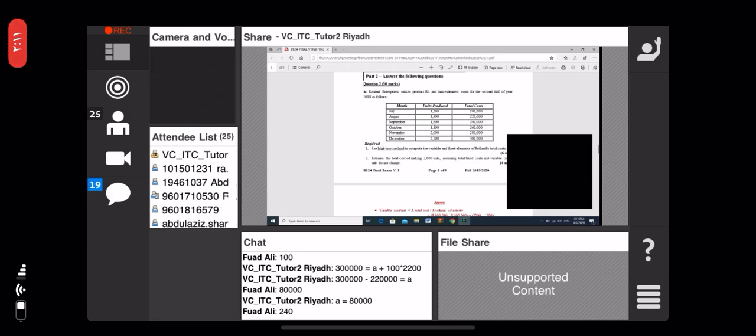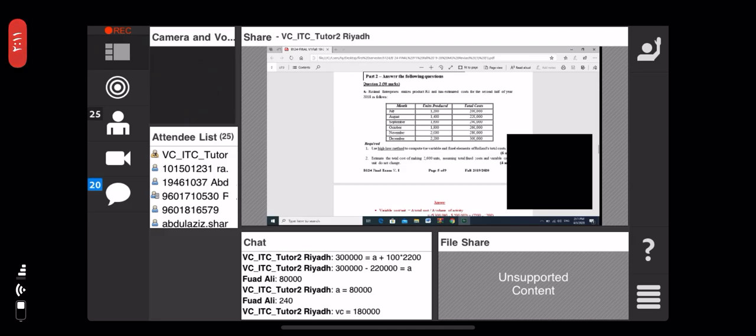Variable cost will be equal 180 and fixed cost will be 80. So for each month, fixed cost must be 80,000.